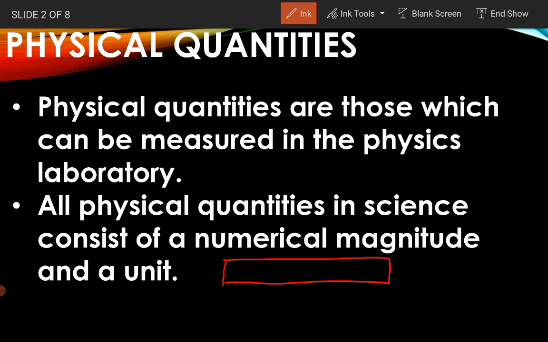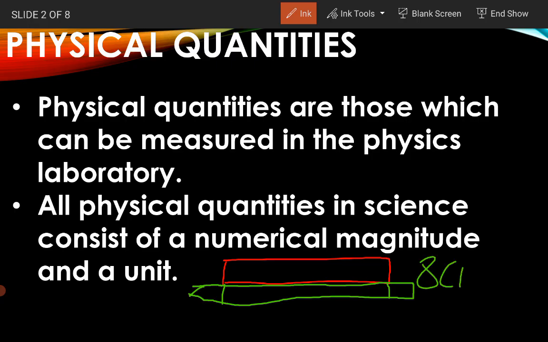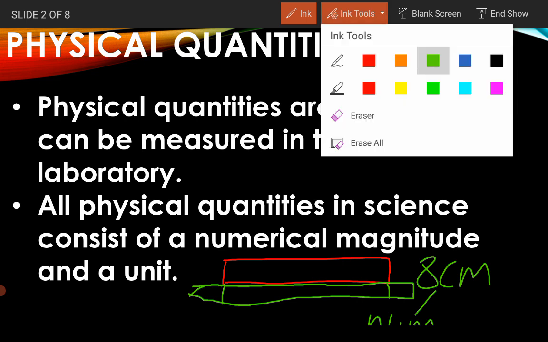Suppose this is a pencil, and you're measuring this length. Let's suppose that you found the length to be maybe 8 centimeters. So the 8 is a number which is called numerical magnitude. The 8 is the number.